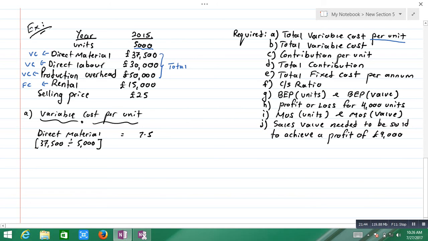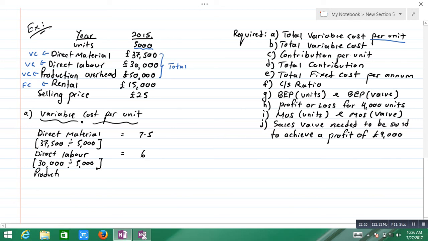Then we're going to take production overhead, OH, overhead, which is 50,000 divided by 5,000. That will give us 10.